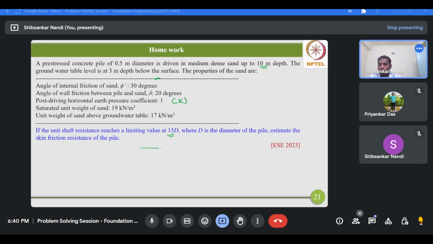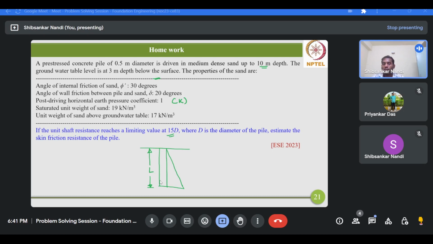So critical depth concept is nothing but, suppose this is the pile length L, and if you try to figure out the unit skin friction resistance along the length of the pile, for that you first need to calculate the effective vertical pressure along the length of the pile. So this is the primary criteria to calculate the unit skin friction resistance mobilized along the length of the pile.